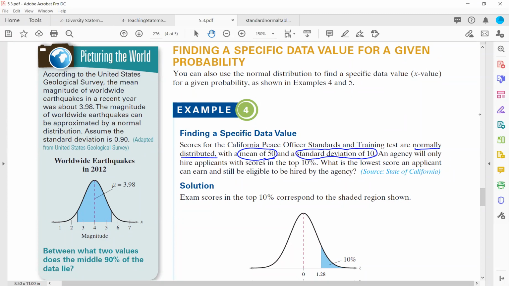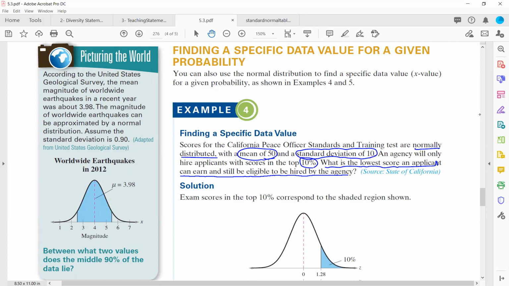An agency will only hire applicants with scores in the top 10%. So no percent lower than 90% is acceptable. What is the lowest score an applicant can earn and still be eligible to be hired by the agency?